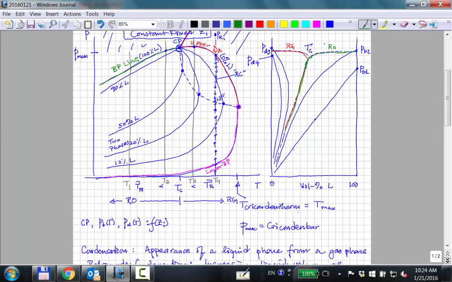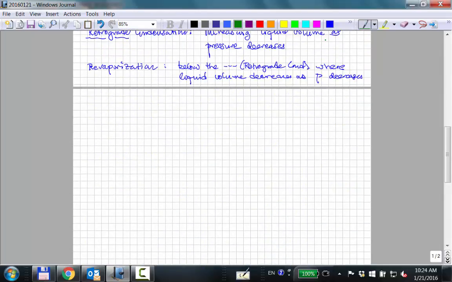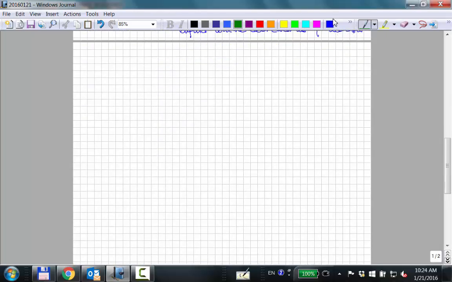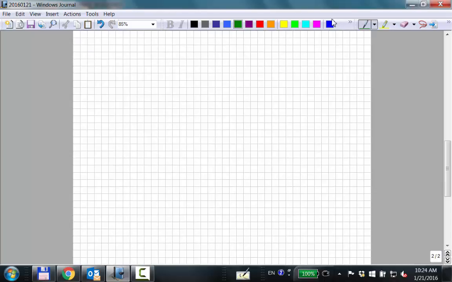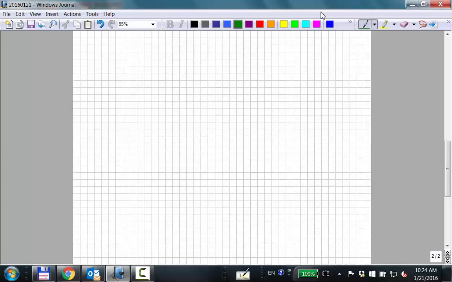Okay? So, the next phase diagram that I want to talk about, I think, is what's referred to as a ternary diagram.